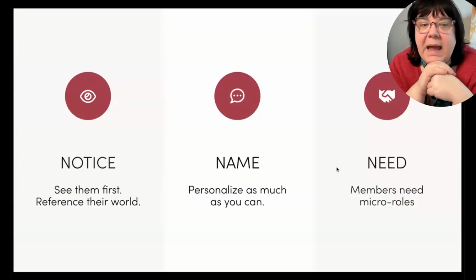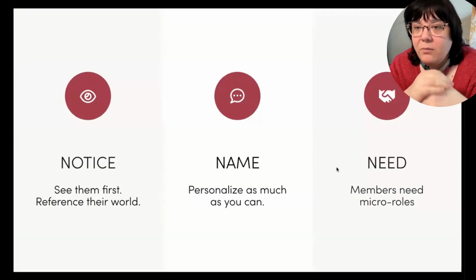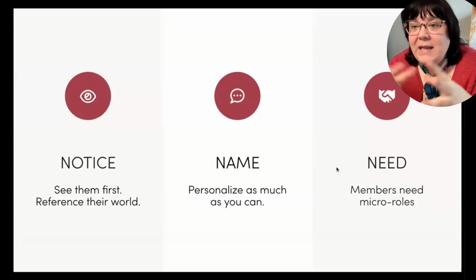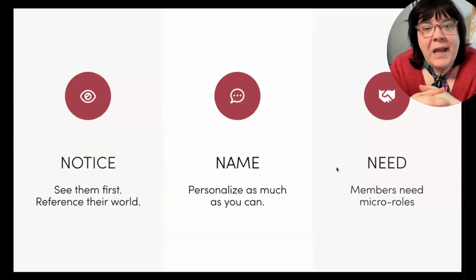The first thing is, how can I help that person feel noticed? And that sometimes can be as simple as being the first person who sees them or greets them or makes them feel welcome in a room. So if it's in person, that could be as easy as saying, hey, I'm glad you're here, glad you could make it, and giving them some focused attention.